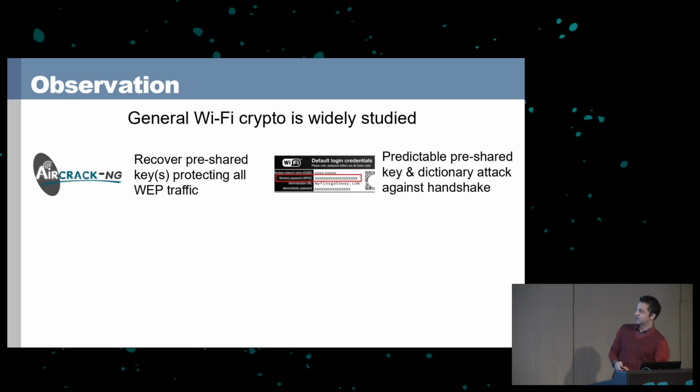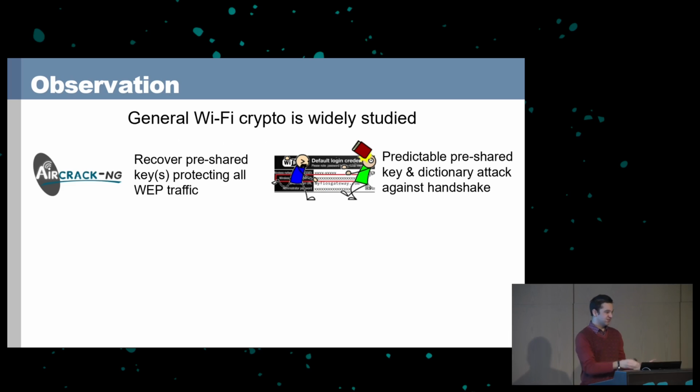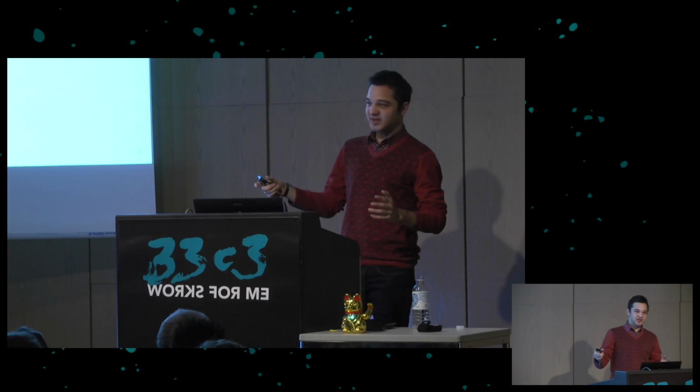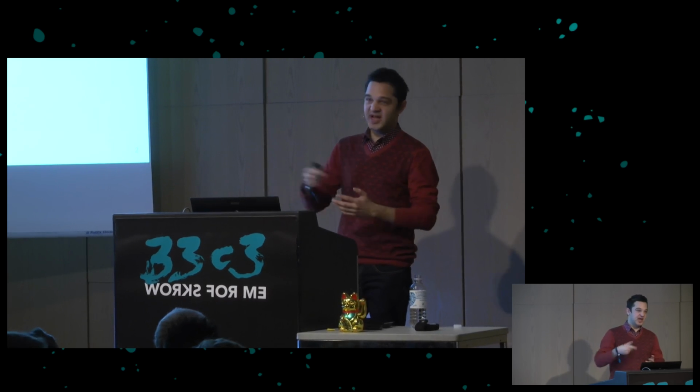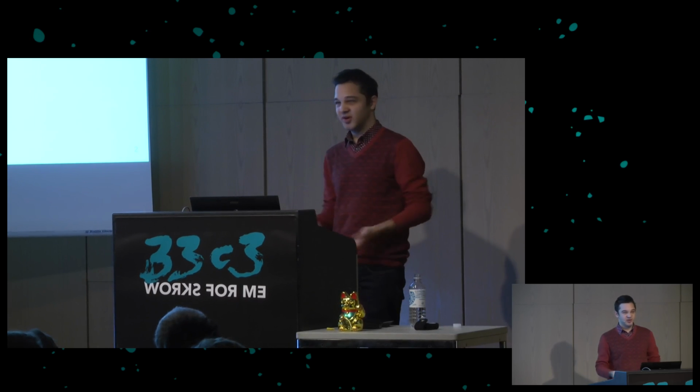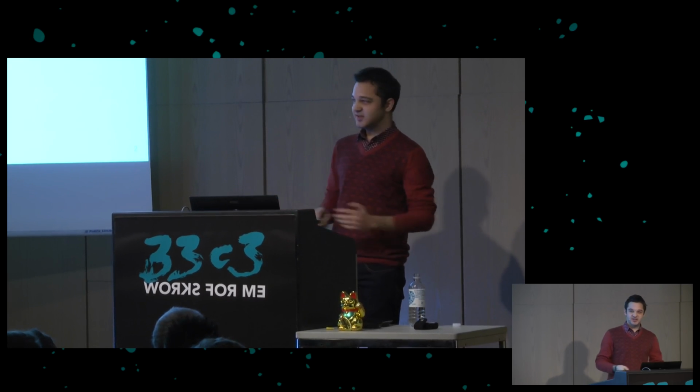Similar to this, you also have dictionary attacks against a WPA2 handshake. These are all known attacks. The way this dictionary attack works is that you can force a client to disconnect from the network, and then it will reconnect. When it reconnects, it of course performs a fresh handshake with the access point to negotiate session keys.